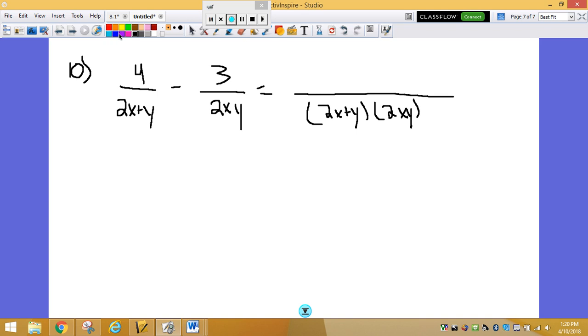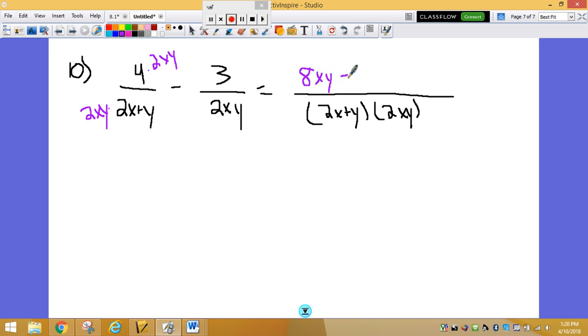So let's go through and make my fractions be compatible. I got the 2x plus y here, but I need to add the 2xy. And if I do it on the bottom, I'm going to do it on the top. So what I really have is 8xy.